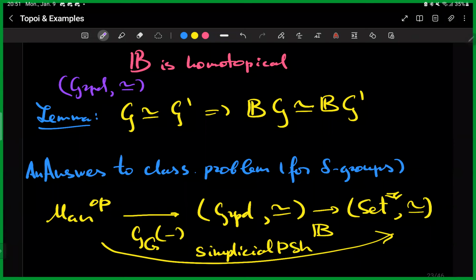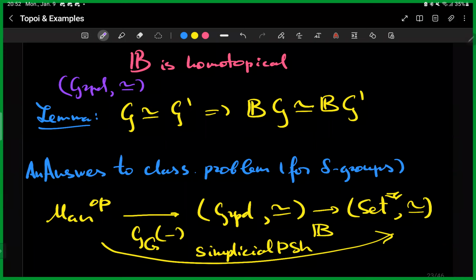And so the answer to the classification problem for discrete groups, at least, would be the following. We take the opposite category of manifolds, we map into the category of groupoids together with equivalences of groupoids using this construction which was described earlier. And then we apply the functor of the classifying space to obtain a simplicial set.